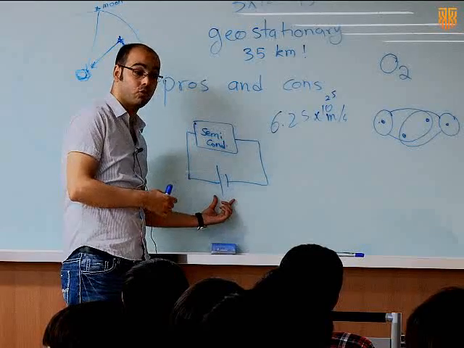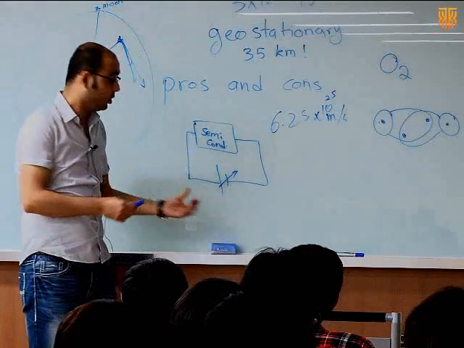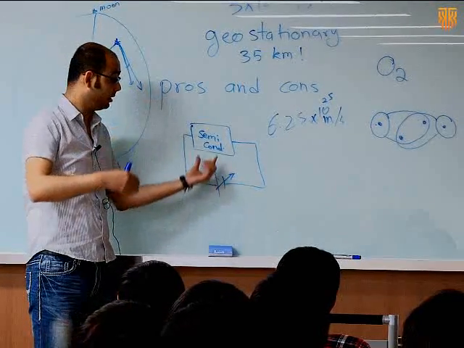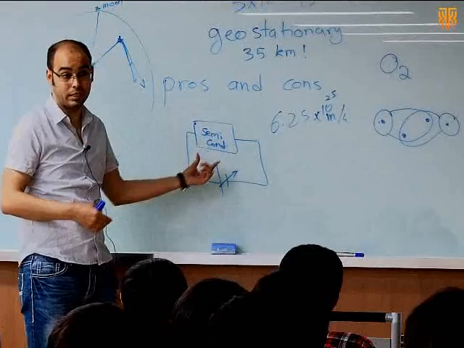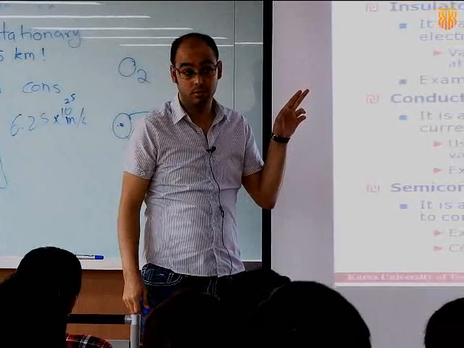You start the voltage here, increase, for example, this situation. This voltage increases until some point this semiconductor becomes a conductor. Okay? Fine?